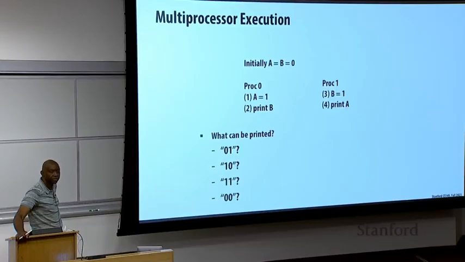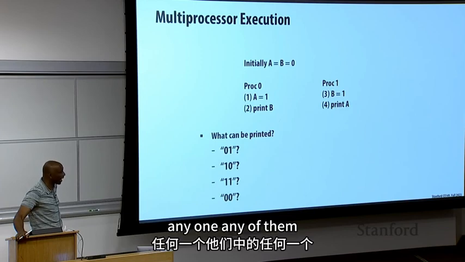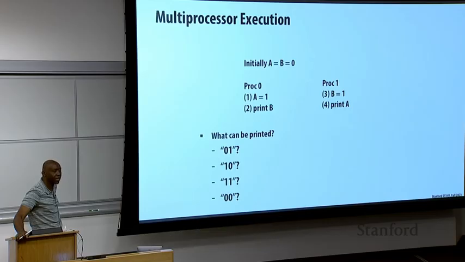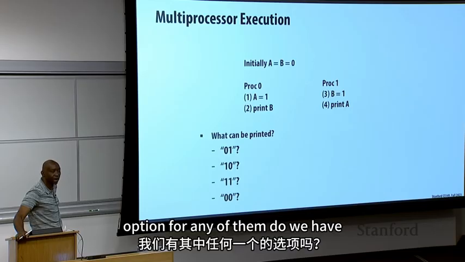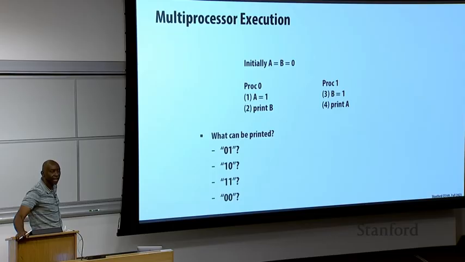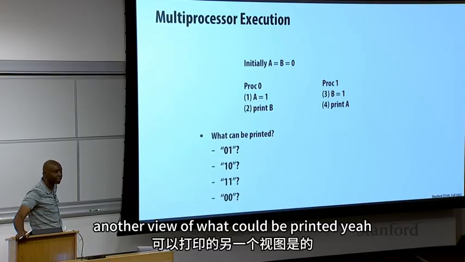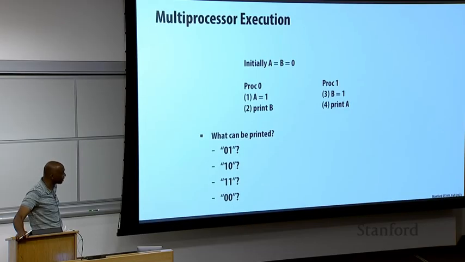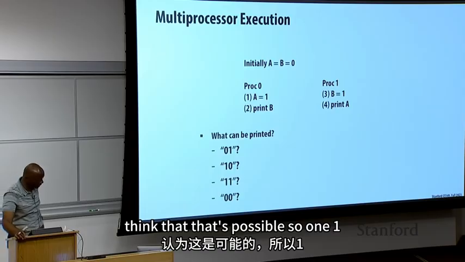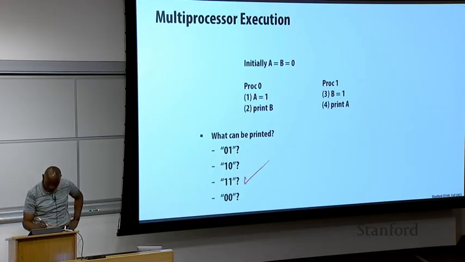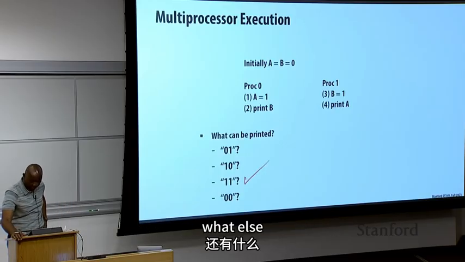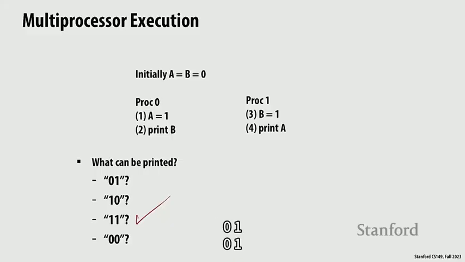What do you think? Any of them? So we have an option for any of them. Do we have another view of what could be printed? Is it just 1, 1? Well, I think that's possible. So 1, 1. What else? 0, 1.